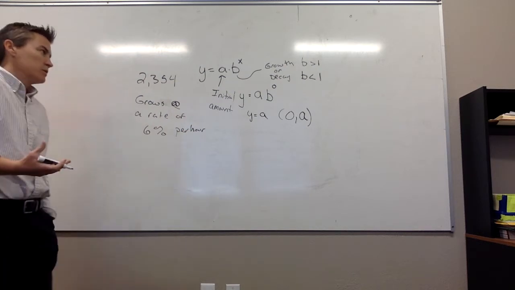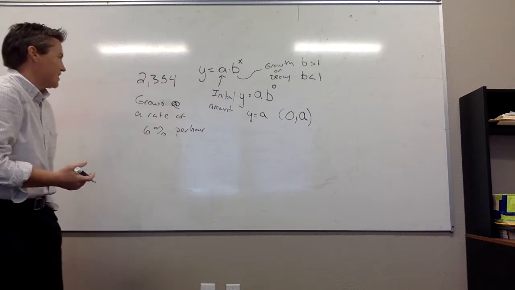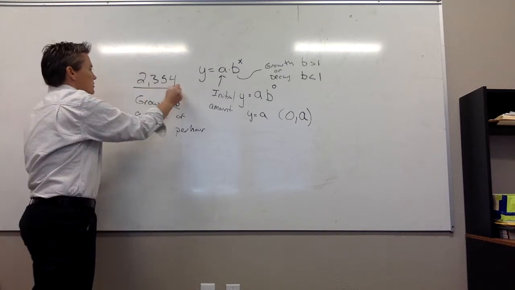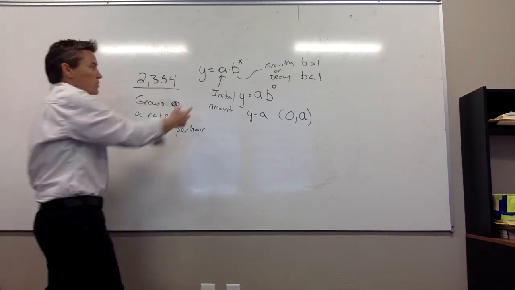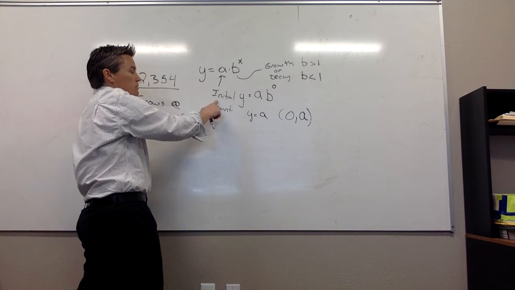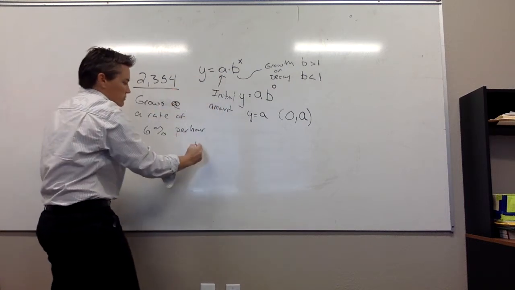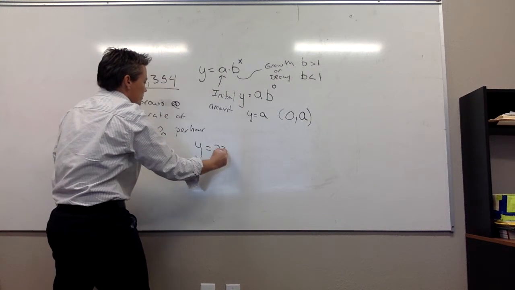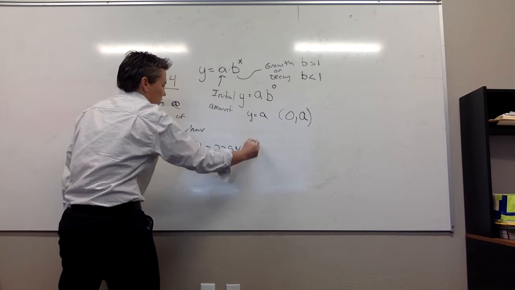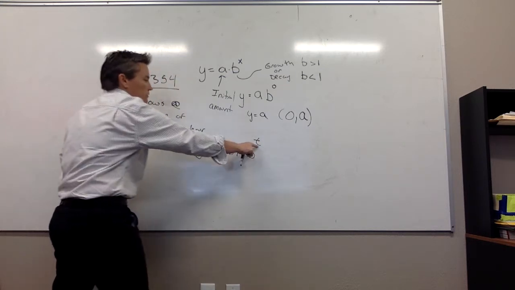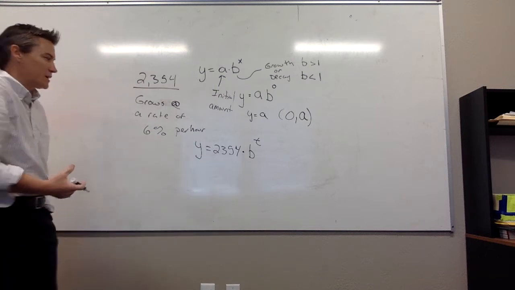So the first thing we want to do is put this into the proper form. At time 0, our bacteria population is 2,354. So we know that's going to be our A value because that's our initial amount at time 0. So y equals 2,354, and now we have some growth rate here, to the power of t. Notice I replaced that x with a t because t represents time.